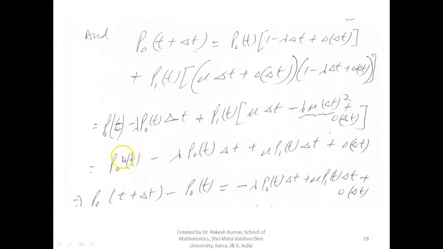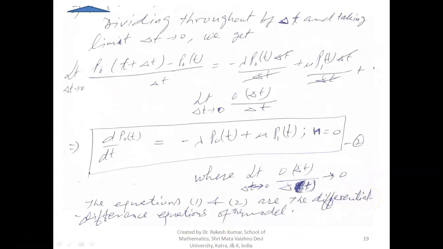Taking this to the left side, we get this minus this equal to minus lambda p0(t) delta t plus mu p1(t) delta t plus O(delta t). Now dividing throughout by delta t and taking the limit delta t tends to 0, we get this. Again this tends to 0. So we are only left with d/dt of p0(t) equal to minus lambda p0(t) plus mu p1(t) for n equal to 0.